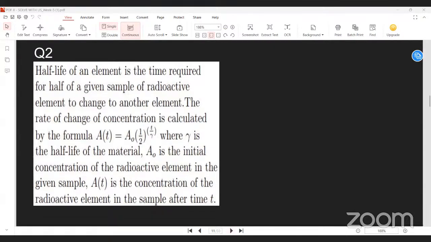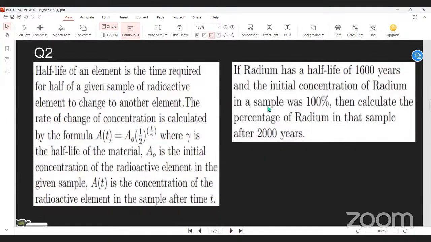Now, if radium has a half-life of 1600 years and the initial concentration of radium in a sample was 100%, then calculate the percentage of radium in that sample after 2000 years. So half-life is 1600 years, right? It is given. Yes, sir. Okay, so gamma is 1600.